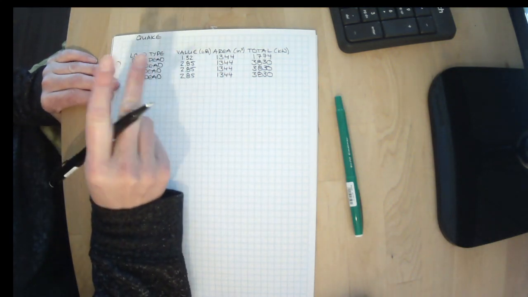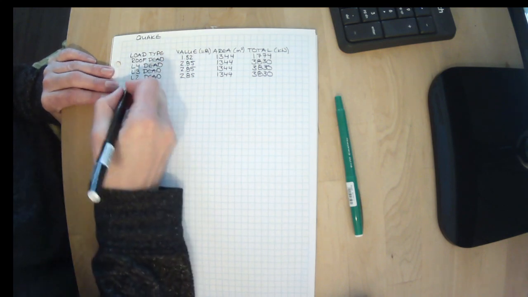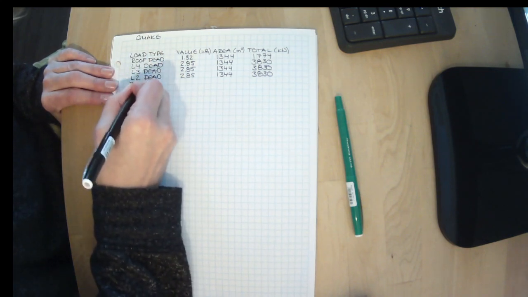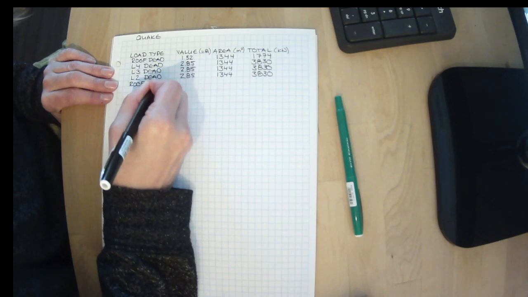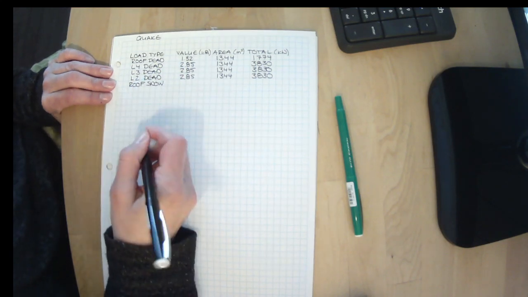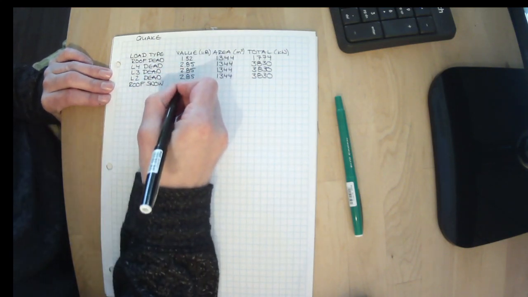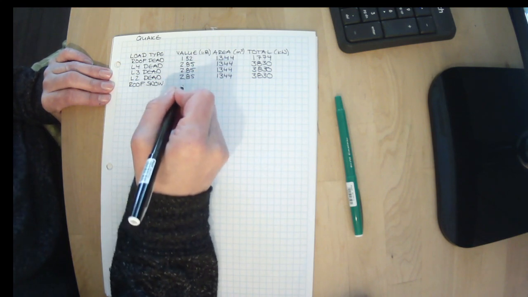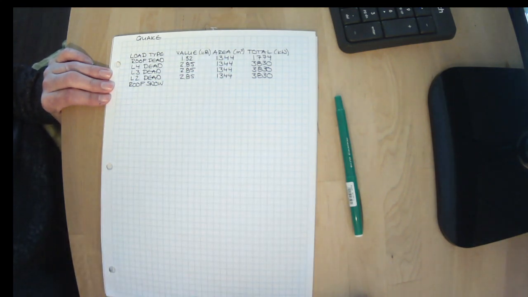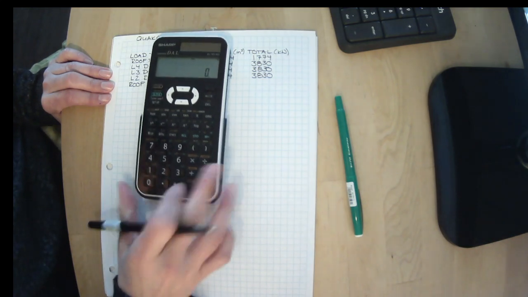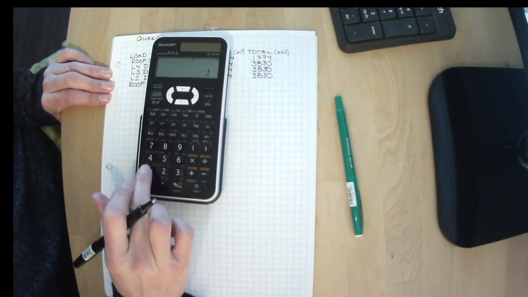We have two other things we need to worry about. We have roof snow. So our snow load, it's 1/4 of our actual snow load. We calculated a snow load of 1.12.